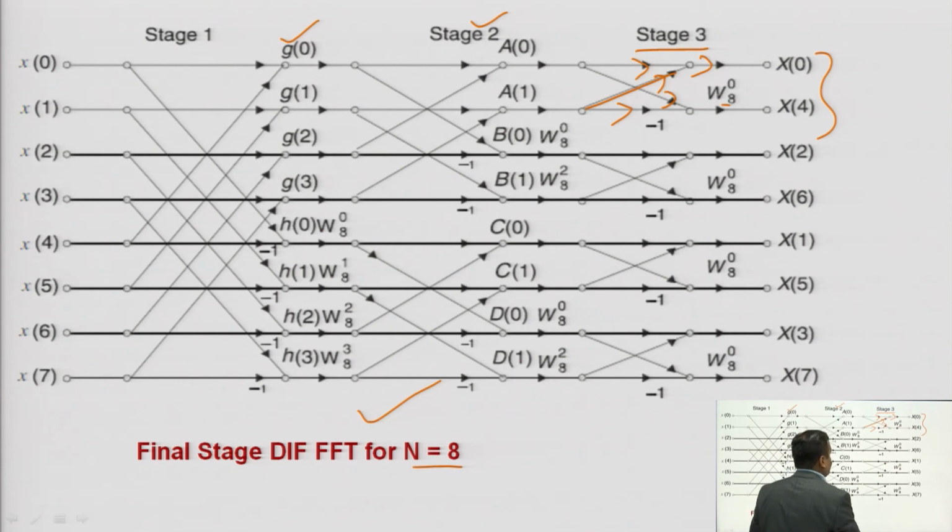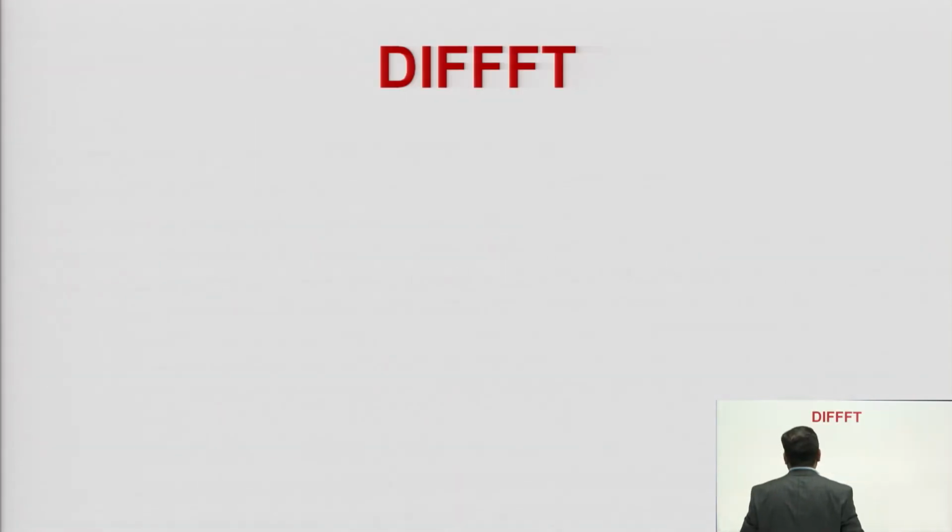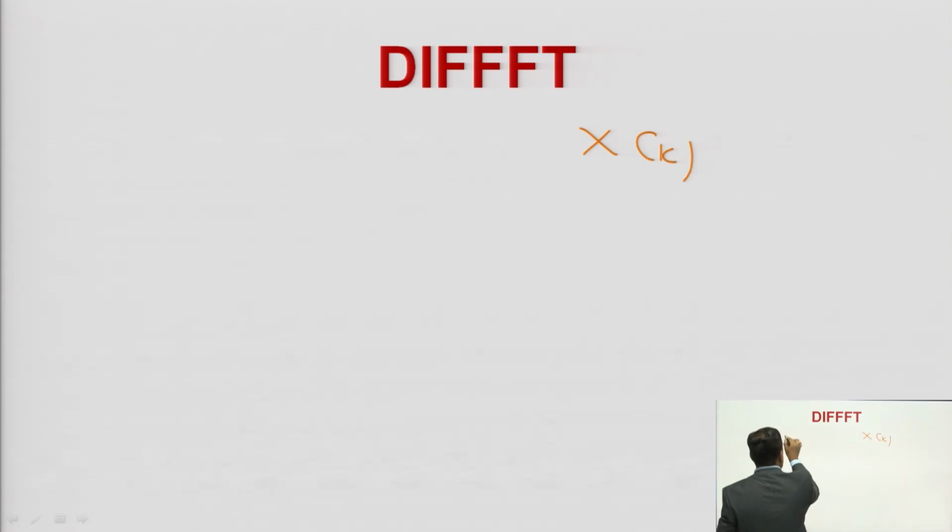So, here you are splitting, you are decomposing, you are decimating your frequency domain sequences, and you are making a structure for calculating the Fourier transform for discrete time sequences. Now, in DIFFT what you are doing? This is your x of k, this is your small x of n.